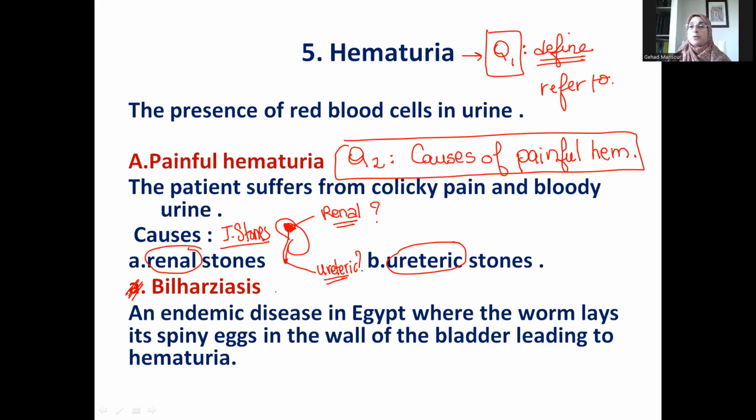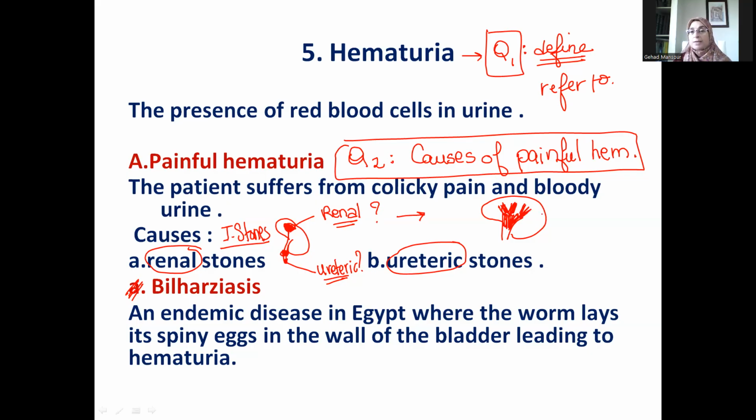It is a stone that has developed in the ureter itself, for example, a stone here. By renal stones, we mean stones that have been formed, for example, inside the renal pelvis, as we said before, or inside the major calyces, or inside the minor calyces.